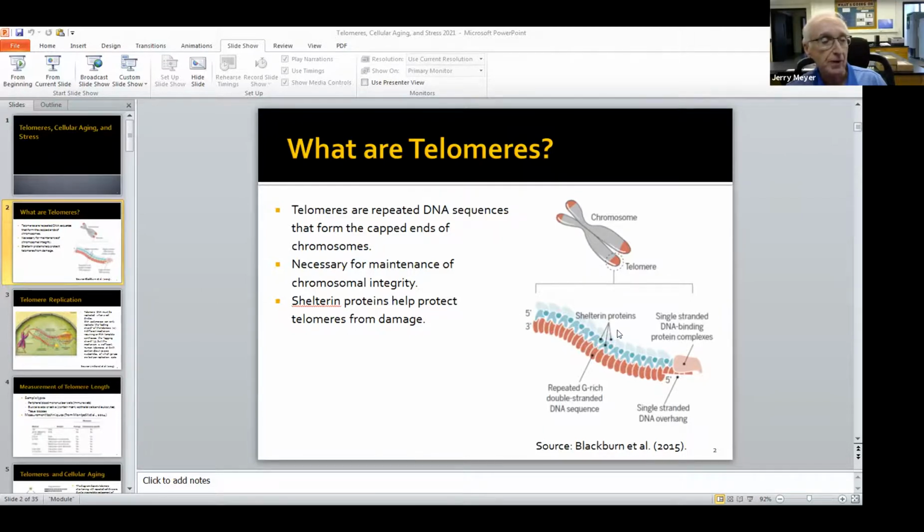And there is a family of proteins called shelterin proteins, which bind to the telomeres and help protect them from damage. As we go forward, we'll talk about some of the kinds of processes that can damage telomeres and cause problems, even with respect to vulnerability to disease.